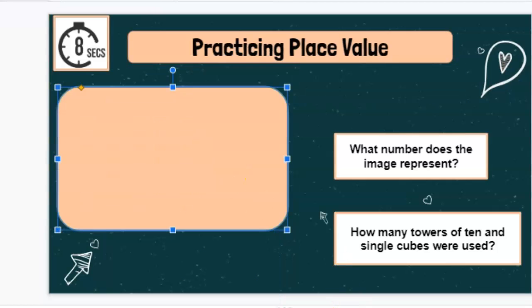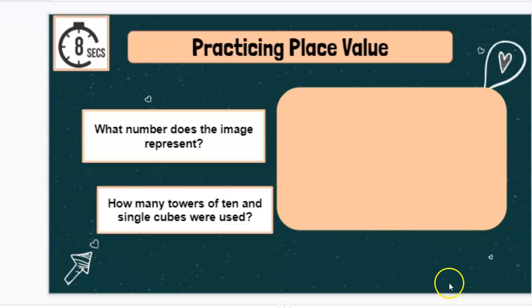Okay. What number did that image represent? Good job. 53. How many towers of 10 and single cubes were used? That's right. 5 towers of 10, 3 single cubes. One more.